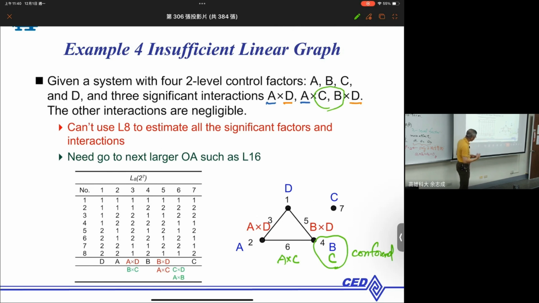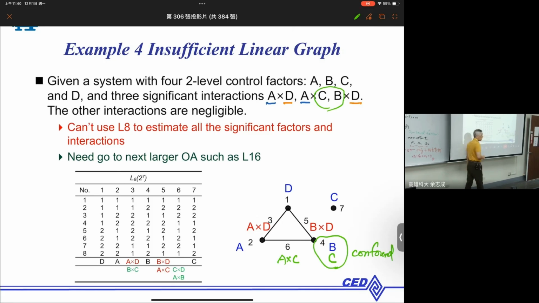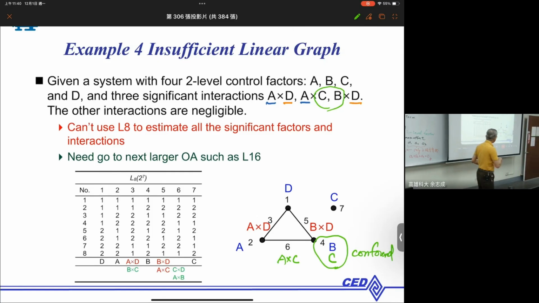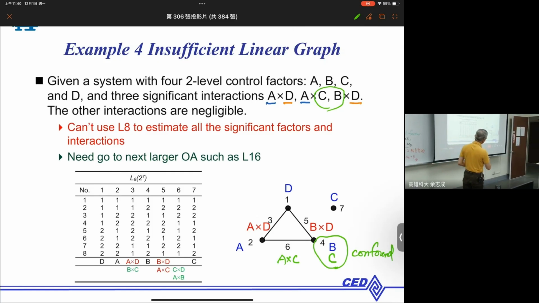And the problem is these 3 are significant interactions. These 3 are negligible. But these 2 will be confounded with each other, since for this arrangement you only have 4 dots.